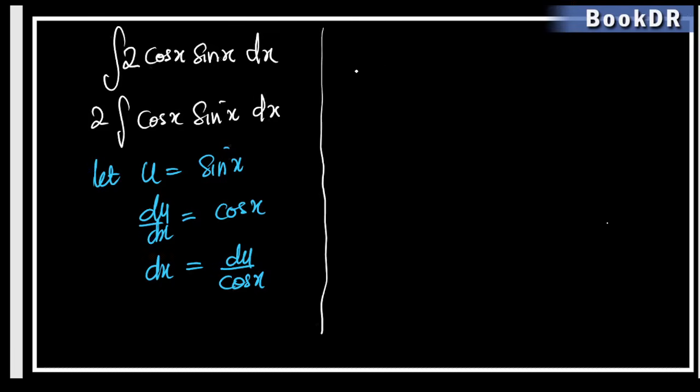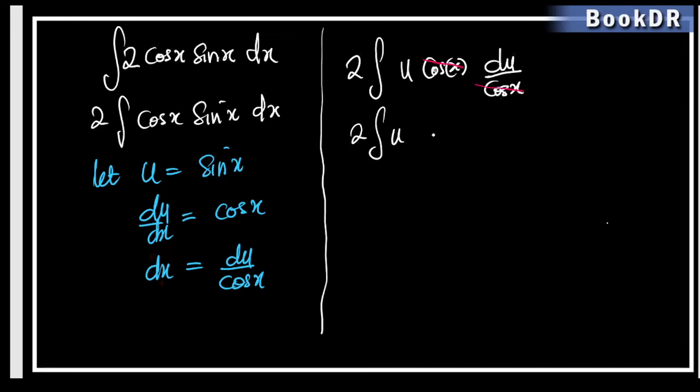Then we substitute this into our integral. So this becomes 2 multiplying the integral of u cos x du over cos x. Then the cos x will cancel out. Then we have the integration of u du, which becomes u squared over 2, times the 2, or otherwise just u squared.